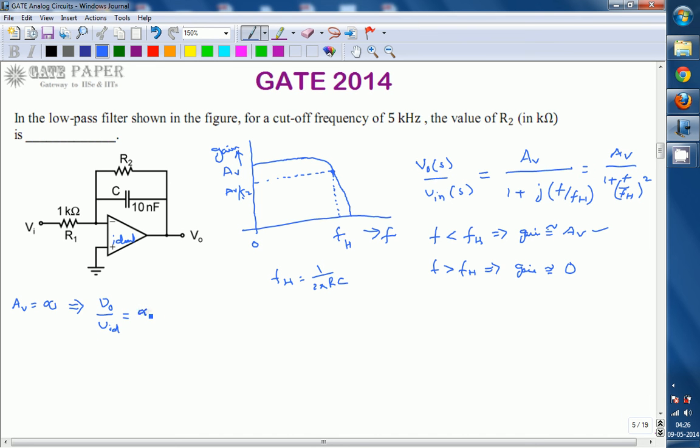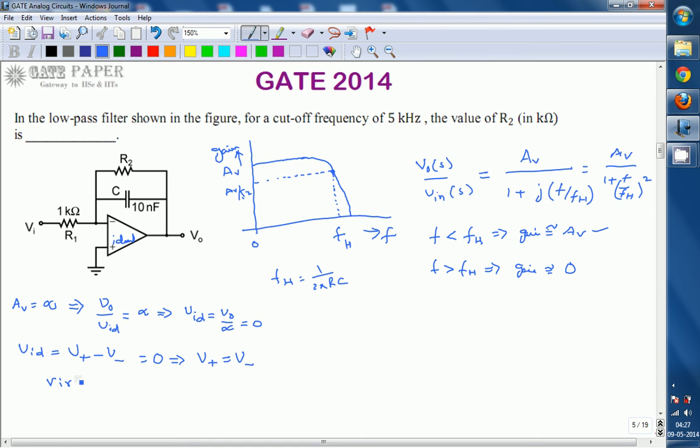So VID equals V0 by infinite, which is 0. So the voltage at the non-inverting terminal minus the voltage at the inverting terminal is 0, which implies the inverting terminal voltage equals the non-inverting terminal voltage.